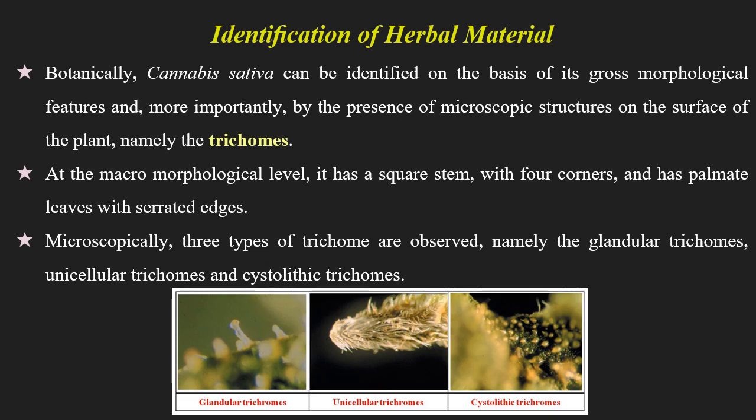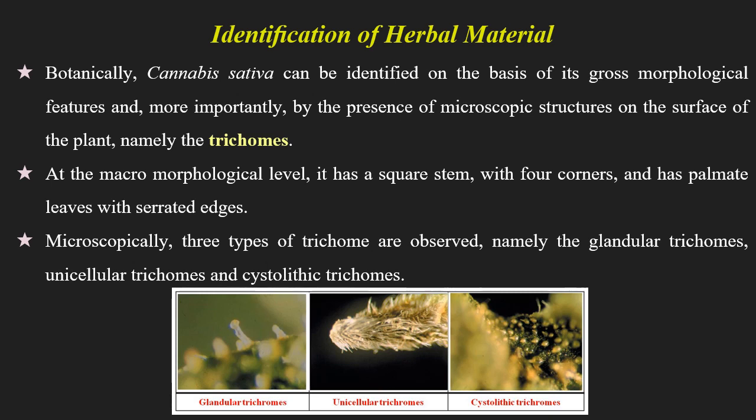These microscopic structures are named trichomes. At the macromorphological level, it has a square stem with four corners and has palmate leaves with serrated edges.